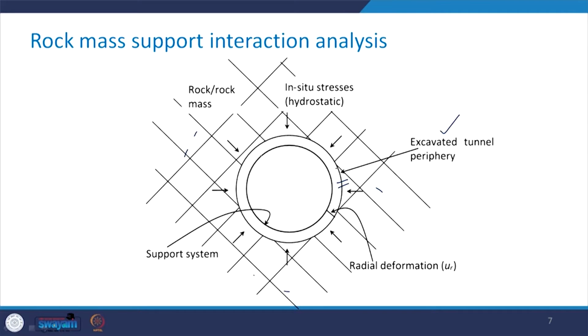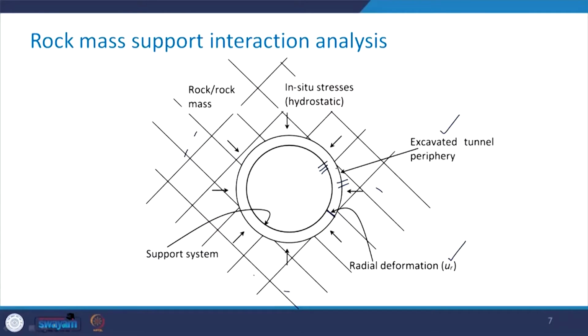Then the support system which has been installed is this one, and there is the margin of this radial deformation which is denoted by UR, and here a typical situation of hydrostatic in situ stress has been shown. That is, from all the direction you have the same stress. So, that is hydrostatic in situ stresses.